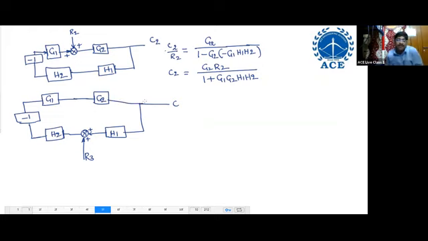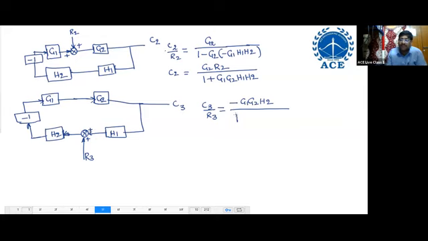Now tell me, what is the forward path again? Forward path from R3 to C3: you cannot go like this, you should go only like this. C3 by R3 equal to, what is the forward path? Minus G1, G2, H2, divided by 1 plus, opposite sign of feedback.